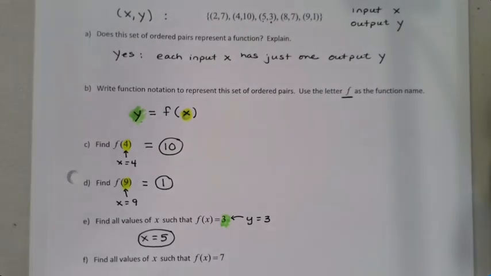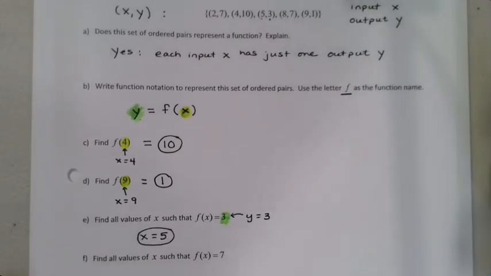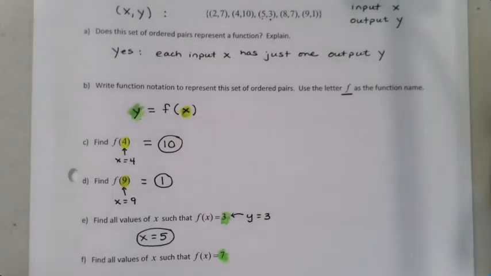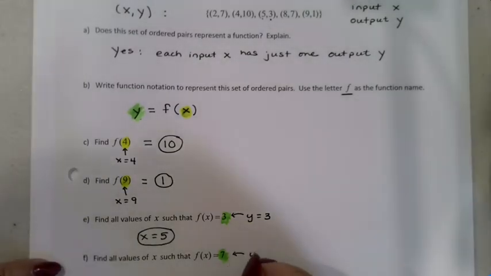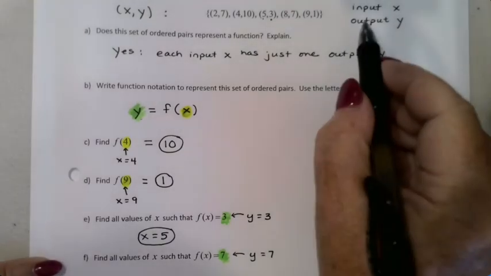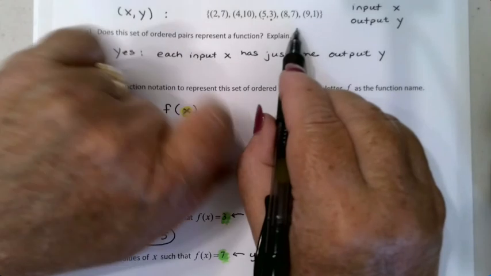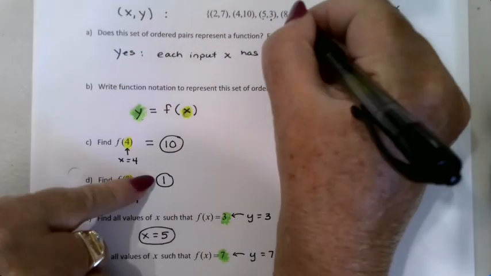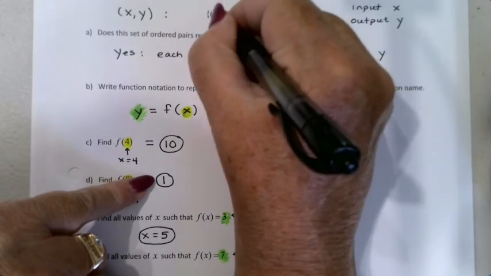Again, take just a moment and see if you can answer the next question. f of x equals 7. So we're being told that y is 7. And coming up to my list, that actually happens twice, right? y is 7 here, and also here.